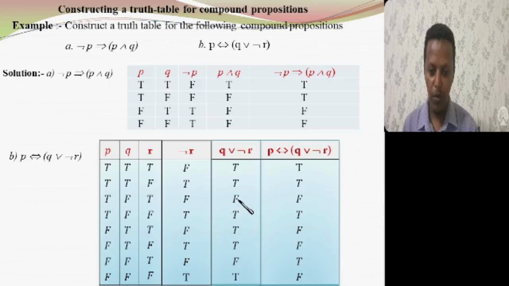When they have different truth values, as in the third row, where P is true and Q or negation R is false, the result is false. When both have the same truth value, it will be true. In such a way, we can find the truth value of the compound proposition P if and only if Q or negation R.